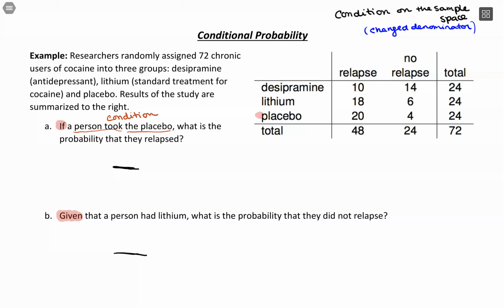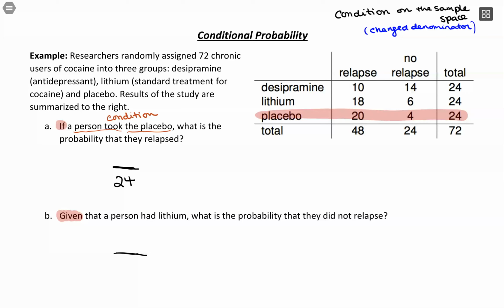So then we know that they're one of those 24 people. That's where our denominator changes: you go to the margin, and we know that we're looking at these 24 people in the placebo group. Then, restricted to that group, what's the probability of relapse?